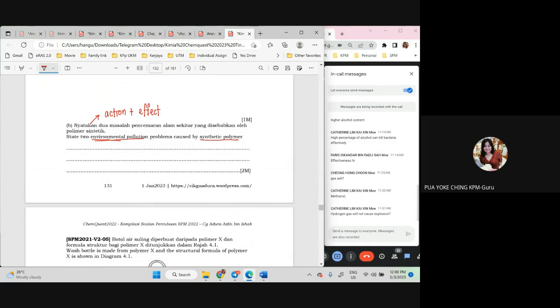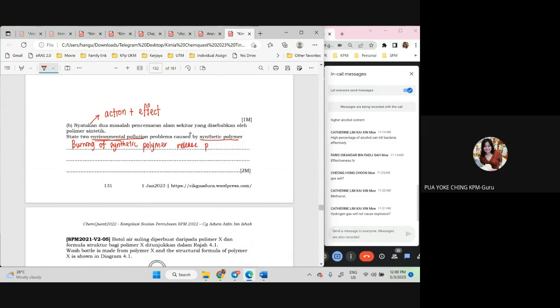Sebab synthetic polymer tu bukan biarkan saja dia akan ada air pollution. So you kena buat secara specific. Burning of synthetic polymer. Release poisonous gas. Macam ni.